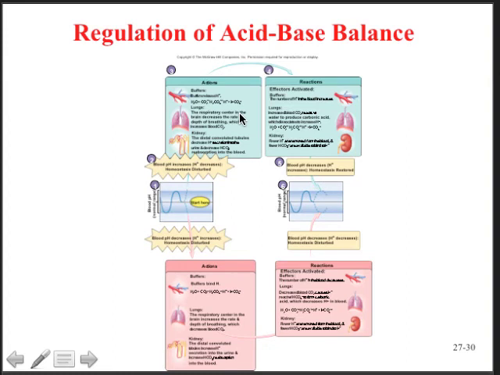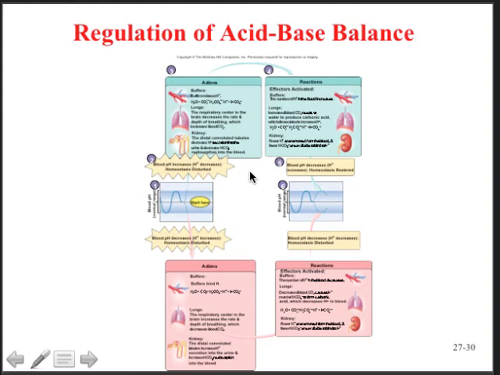And the result, again, is that the pH will begin to drop. In the renal tubules, we're going to secrete fewer protons. As a result, more protons are going to be reabsorbed back into the blood, and this is going to cause the pH to drop even further.